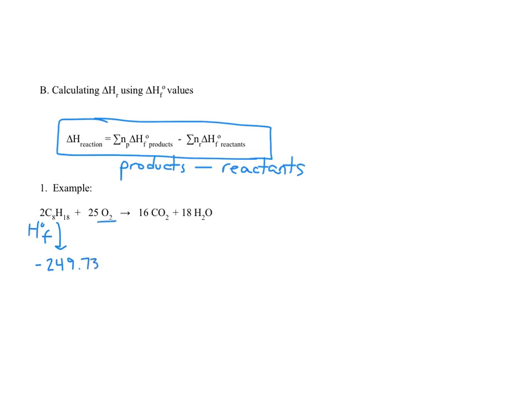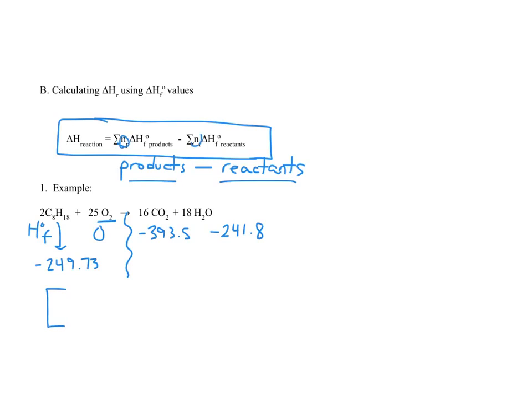Anything in its elemental state has an enthalpy of formation of 0, so oxygen is 0. Carbon dioxide is negative 393.5, and water is negative 241.8.